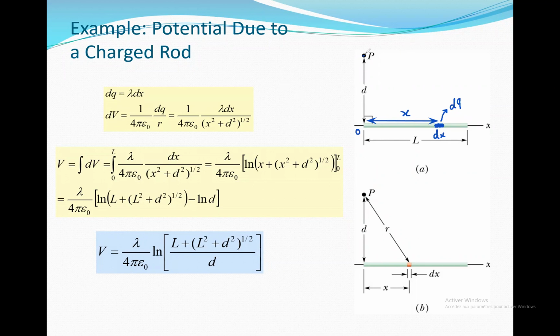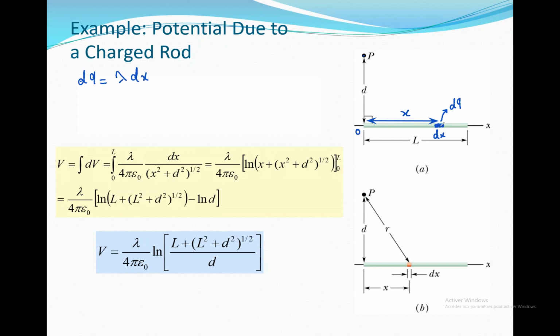Let me write. We have, first of all, dq equals lambda times dx.